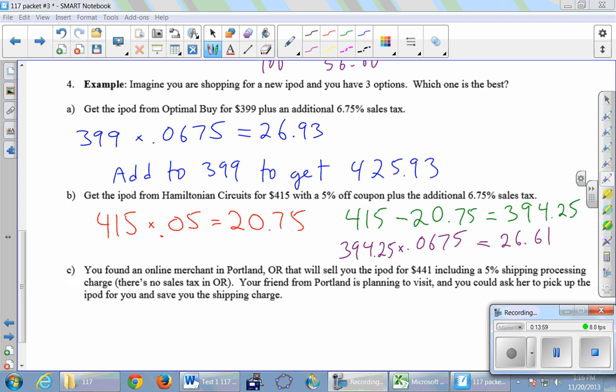So we got to add that to the 394.25 plus 26.61, or 420.86. Okay, so that feels better to me than the one from Optimal Buy, right? Save about $5.